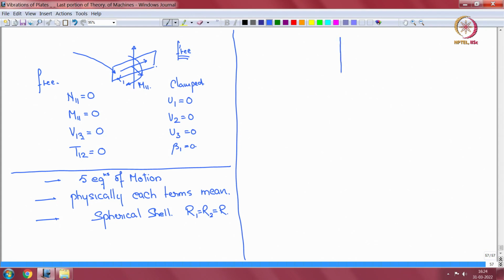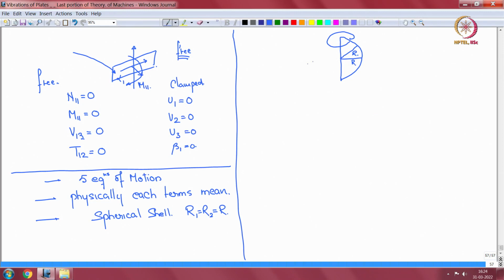You have an axis, it's a surface of revolution. I take a meridian. What is the radius of curvature of the meridian? R. Then I rotate it around this axis, I get a sphere. Any normal to this intersects the axis at R. That is the second radius.